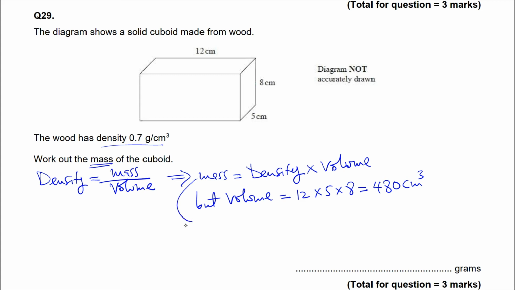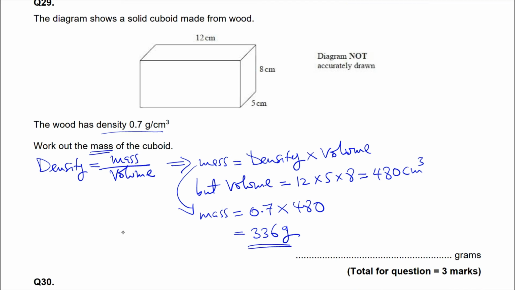So the mass will be equal to the density, 0.7, multiplied by 480, and that will be equal to 336 grams, because you have grams per centimeter cubed, and that will be the mass of the cuboid.